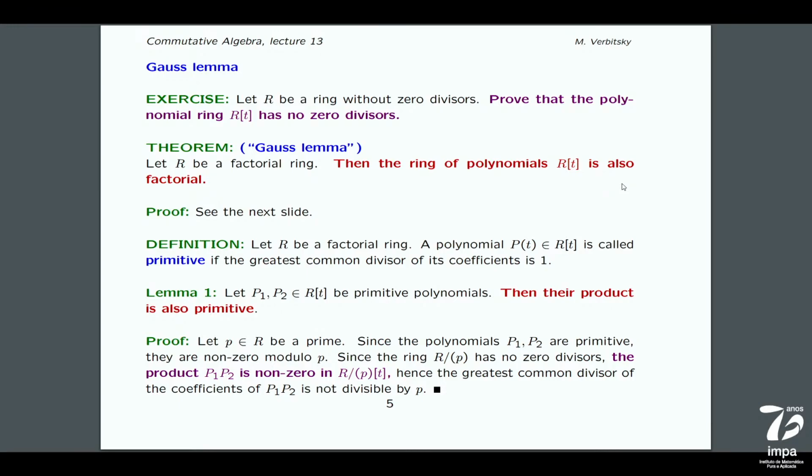Okay, so there's another important situation when you have prime decomposition, namely for polynomials. For polynomials over a field, we already know this because polynomials over a field are a Euclidean ring. They have division with remainder, which implies that they have prime decomposition as usual.